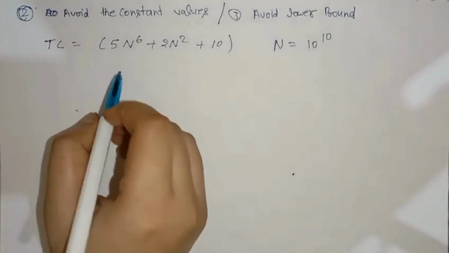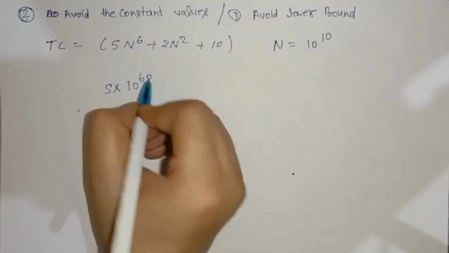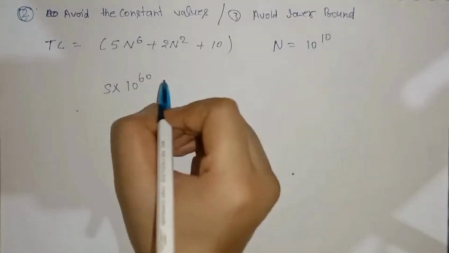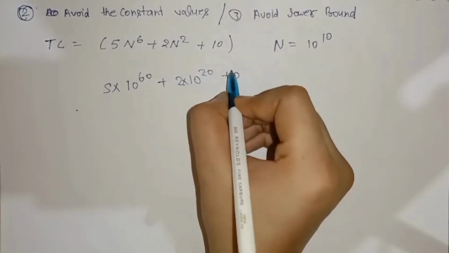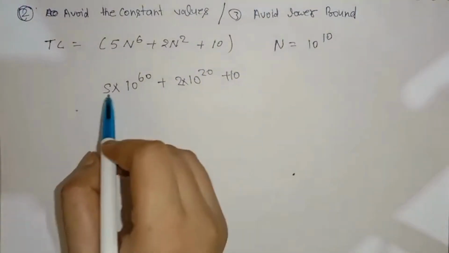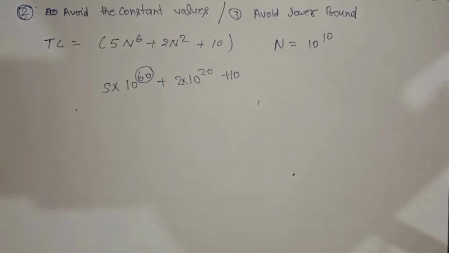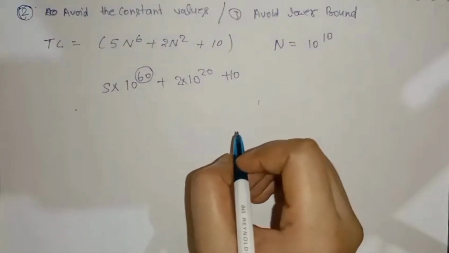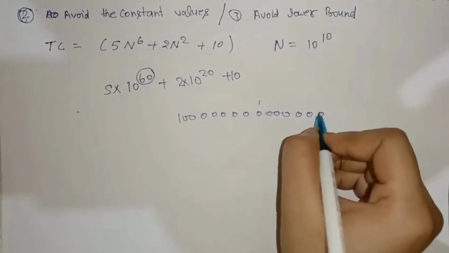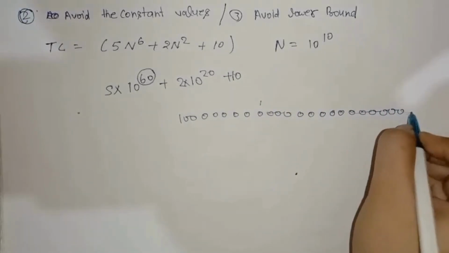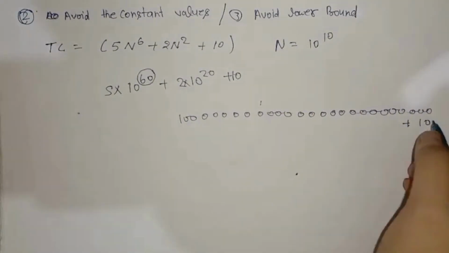So what will be the value of 5 into 10 to the power 60 plus 2 into 10 to the power 20 plus 10? Let's think you have that much, 10 to the power 60 values, that many zeros after. And what happens if you add plus 10 to this?